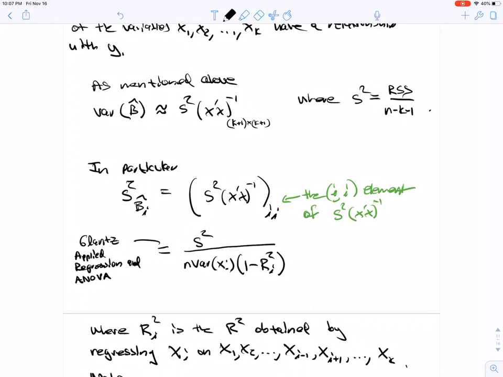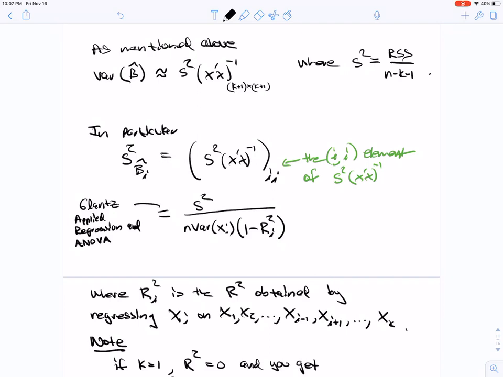So as mentioned above, the variance of beta hat is s squared x transpose x inverse, and so we want to get our hands on the standard error of beta i hat, or this standard error squared in this case. That's just the ith diagonal element in the variance covariance matrix above.